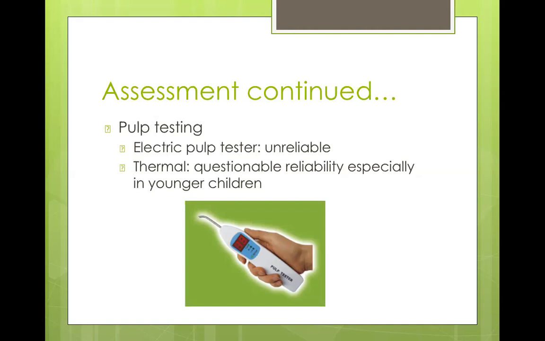I maybe start doing a pulp test at about age 10, 11, 12, because at that point, I feel like they're mature enough to differentiate between discomfort from the pulp test and actual pain. So for children, generally, I rely on palpation and percussion.